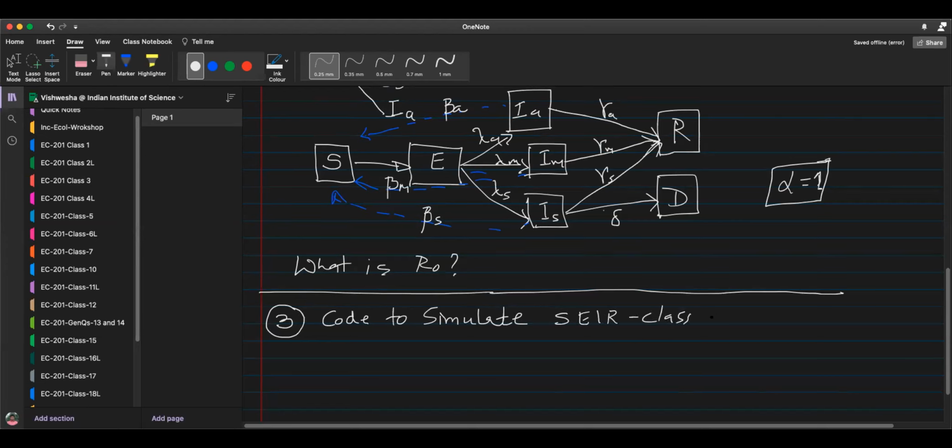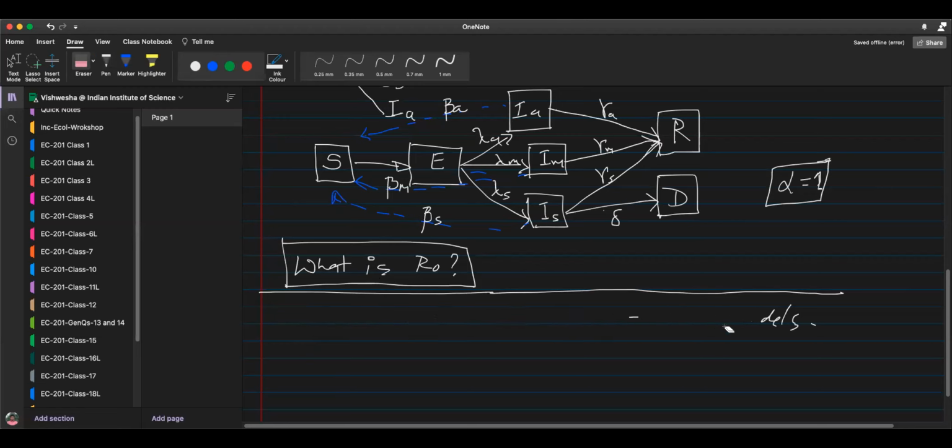But this will require some thought and discussion. This question, what is R0? Writing the model itself may not take a lot of time, but what is R0 will take time. So let's not worry about that.